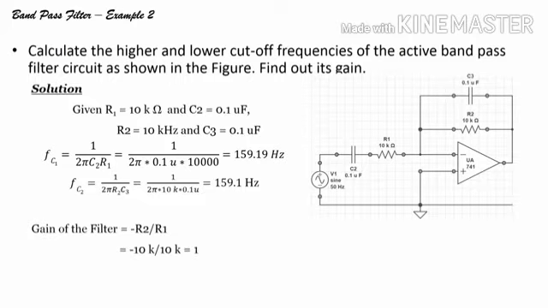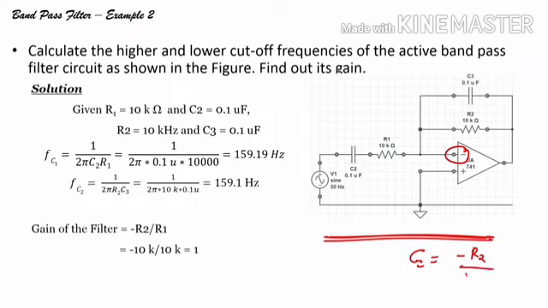Now, if you are given a circuit, again this is a band pass filter, and you are applying the signal to the inverting terminal. So, it is an inverting amplifier, we understood. The gain of an inverting amplifier we already know, minus R2 by R1, right.